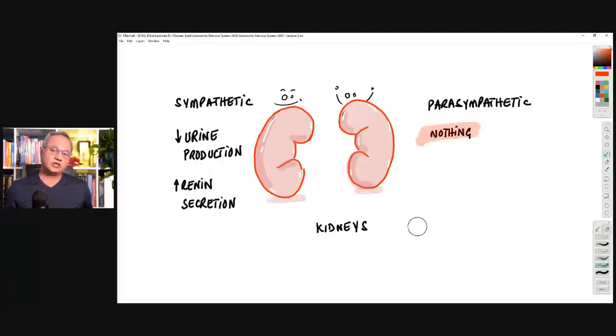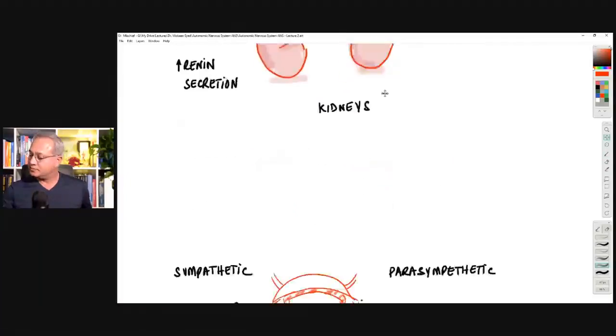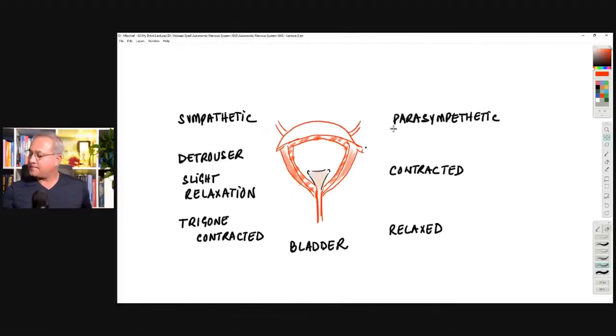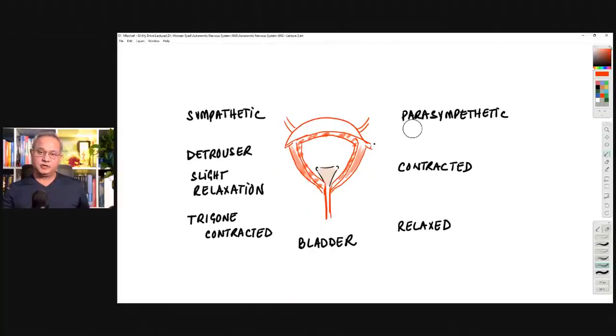Parasympathetic system, nothing on the kidneys. Running away from the lion. Just like we don't want to poop, we also do not want to urinate. And how do we urinate? In the walls of the bladder, we have a muscle called the detrusor muscle.